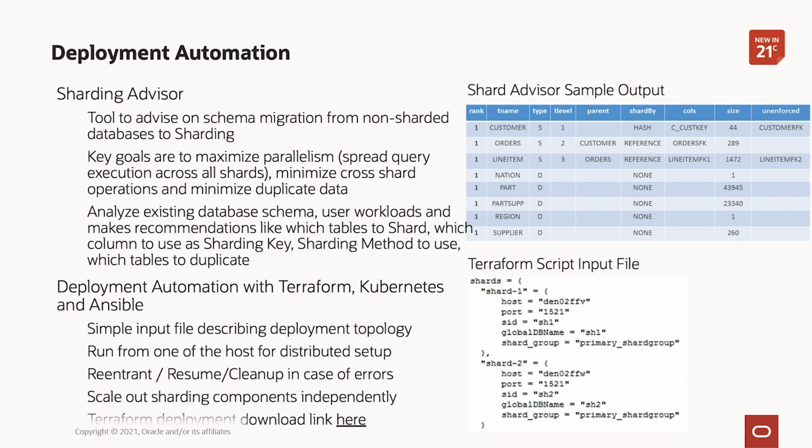So we push the queries onto a single shard as much as we can, in the sense of having the joins satisfied locally on the shard. That's one of the goals, and the other is to maximize parallelism. With those two goals, it gives us a set of recommendations on what should be the sharded tables, which ones should be the duplicated tables, and some ranking which would fit the sharding architecture nicely.